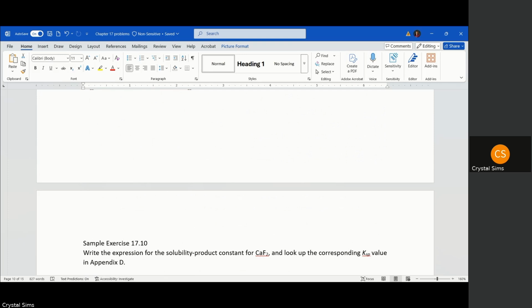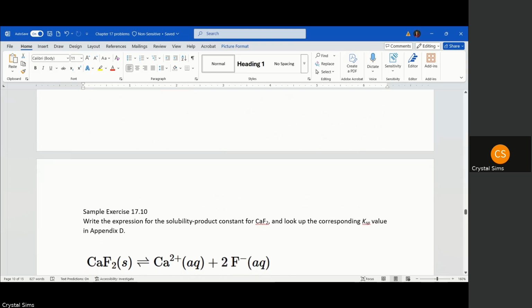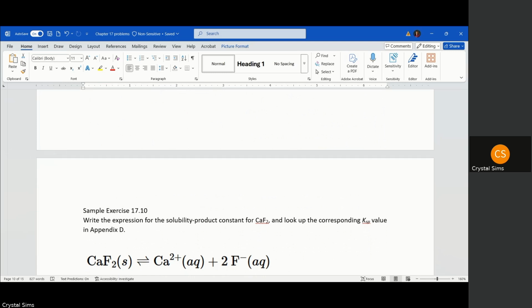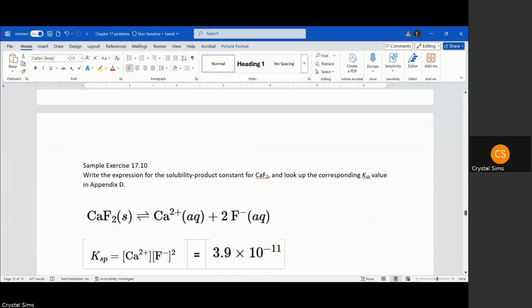So what we have to do to write the solubility constant for calcium fluoride is first get our expression. When calcium fluoride dissociates, it's going to dissociate into its component ions, which would be the Ca2 plus ion and the F minus ion. But we can see from our subscripts that we have 2 fluoride ions. Now this is going to come into play when we write the Ksp expression.